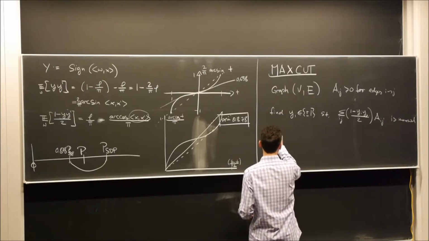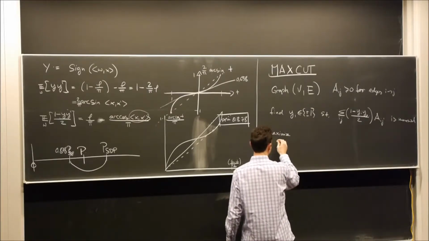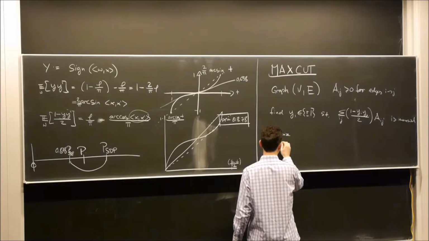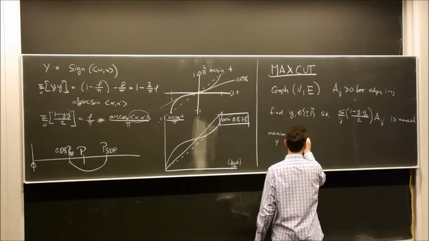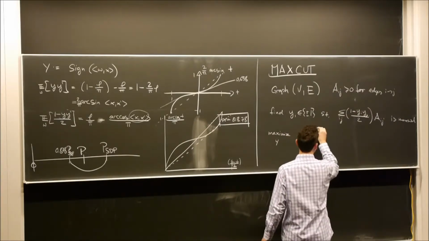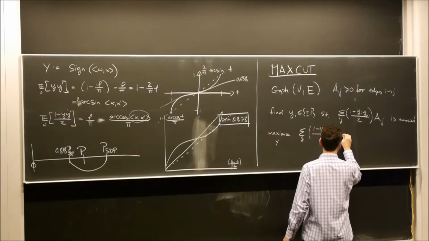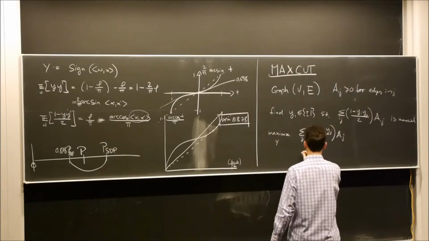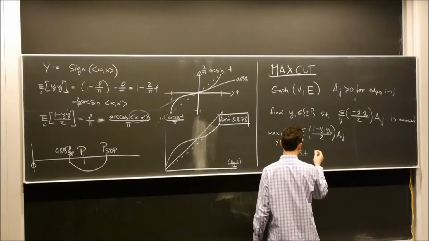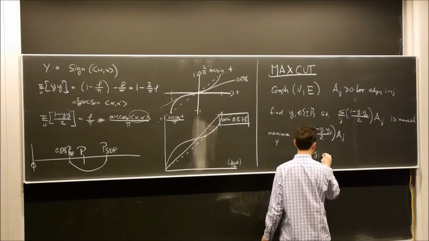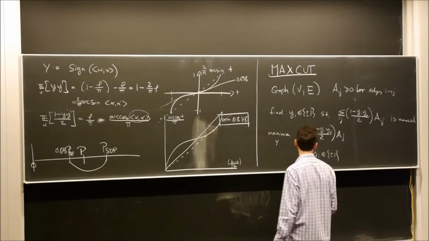I can write this as maximize over all the y's the sum over i and j of (1 minus yi yj) over 2 times Aij, subject to the constraint that yi are plus minus 1. Nothing has happened yet.